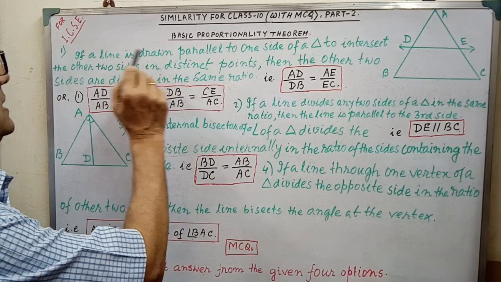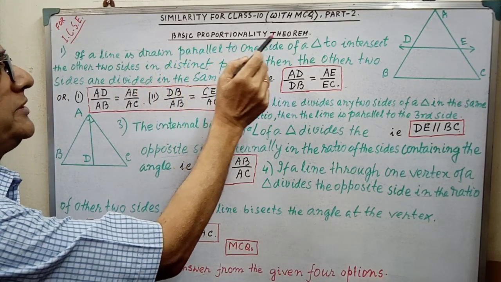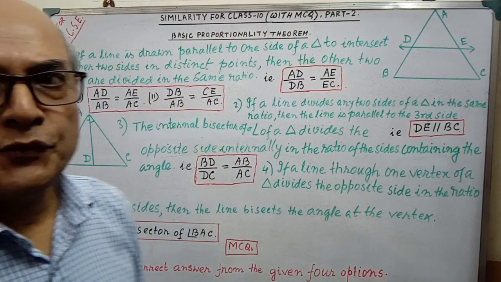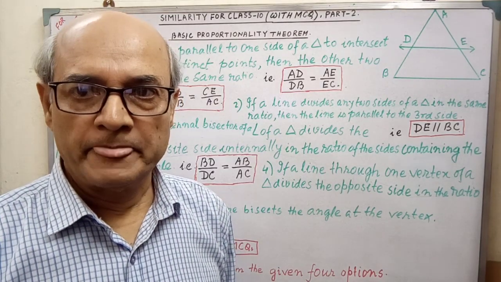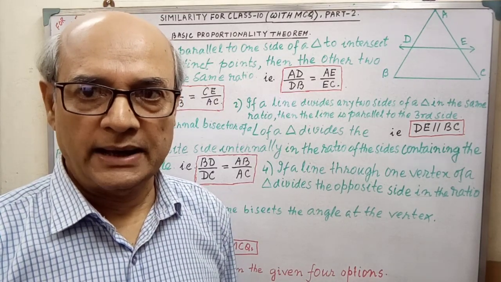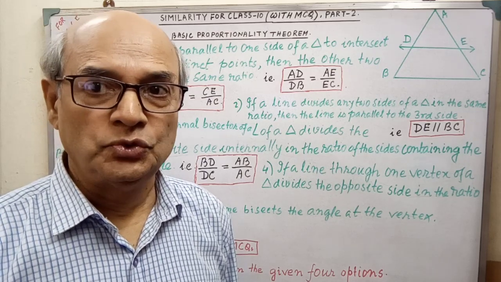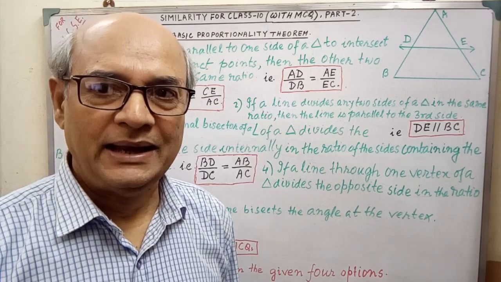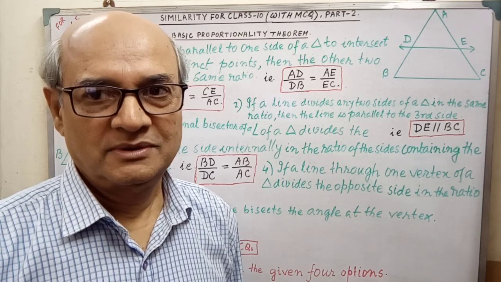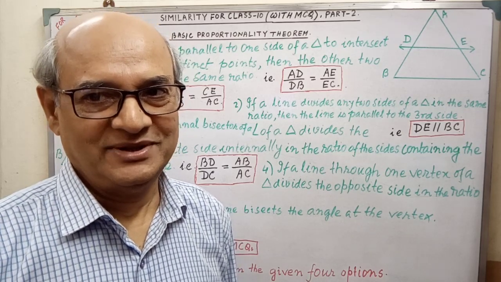First, the basic proportionality theorem. The proof of the theorem will not come, but the statement and the diagram of the theorem you have to remember to face any MCQ pattern of the question.